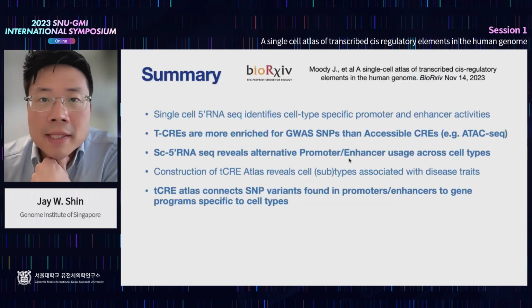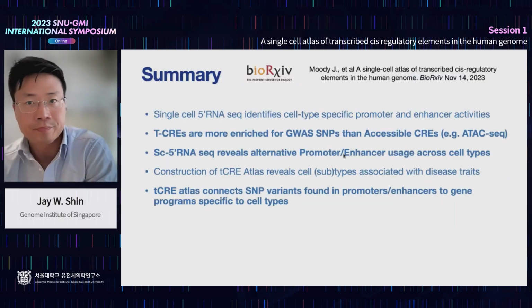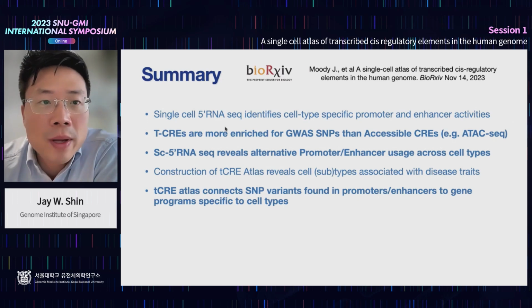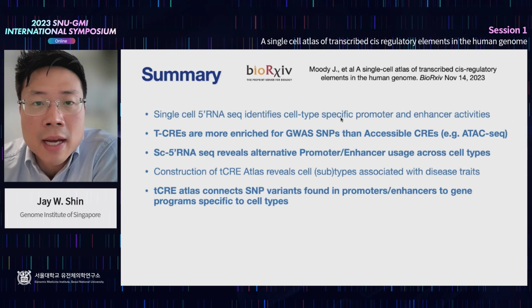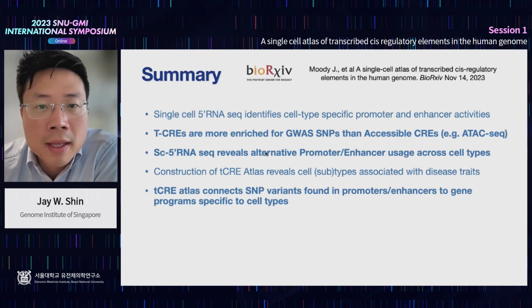So to summarize this part, I hope I've shown you that 5' RNA-seq really allows us to identify cell type specific promoters and enhancers, that these transcribed CREs are enriched in GWAS SNPs, and that they also reveal alternative promoter and enhancer usage.